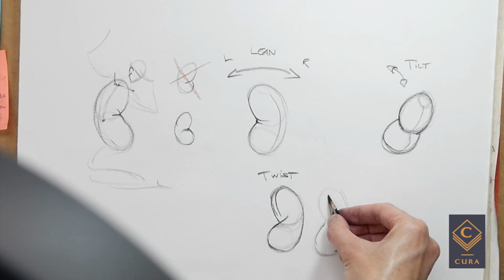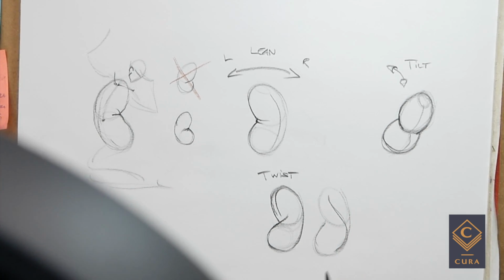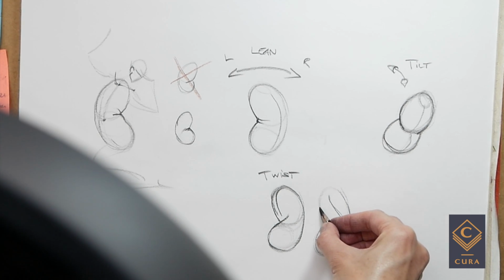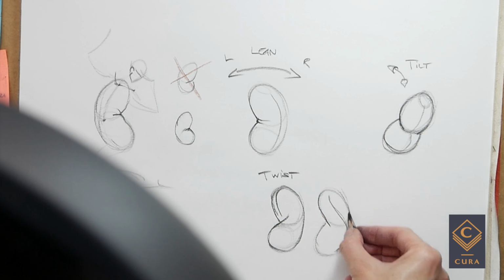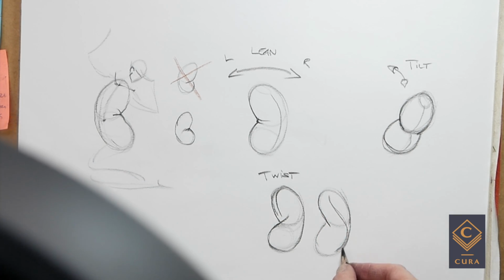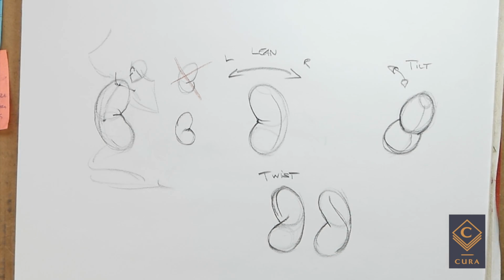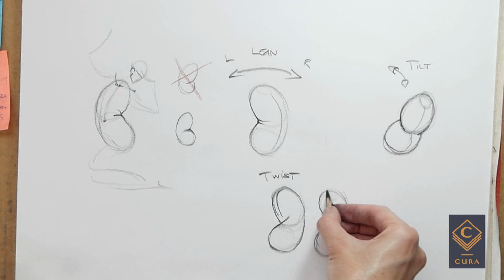You notice how the center line doesn't look like a C curve, it looks more like an S curve. That S curve in your center line automatically will translate a twist. If you pair that with a well-placed overlap, see how the rib cage is overlapping the pelvis segment there, you've got a different kind of twist.